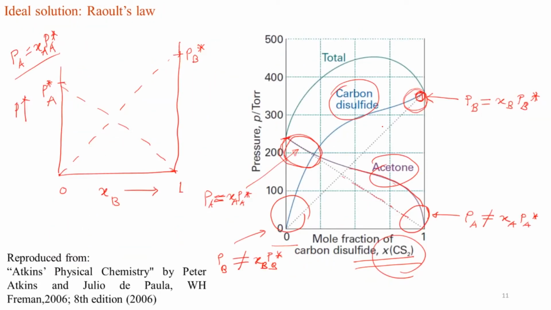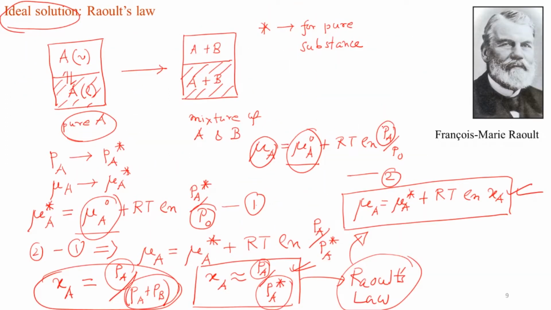So just to summarize, for Raoult's law, what we got is this relationship: the mole fraction equals the partial pressure divided by the total pressure. Instead of the total pressure, we write the pressure of the component when it is in pure form. That will hold only for some solvents.